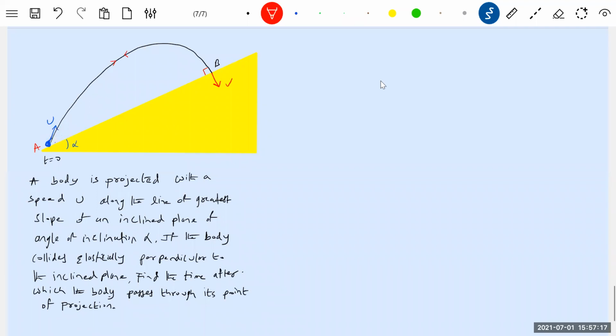Why should I give theta? Because only the angle of inclination alpha is given, so our final answer should not have theta. Hope everyone is able to get it. Some angle you can assume; let me call it theta.